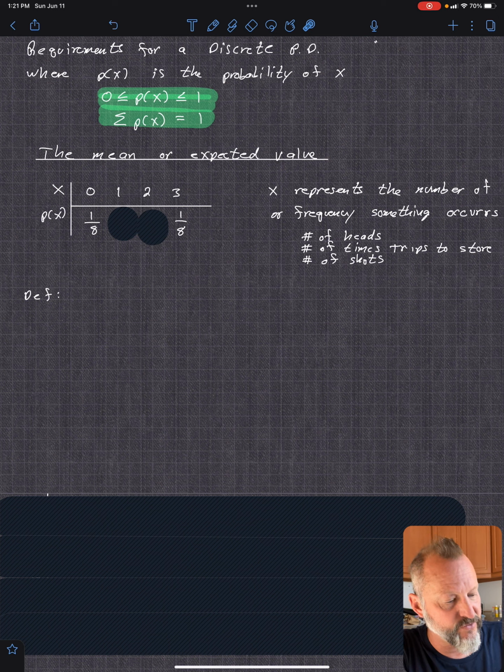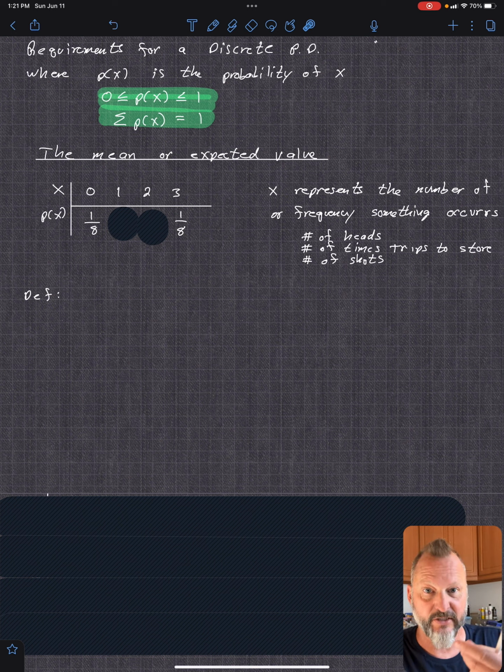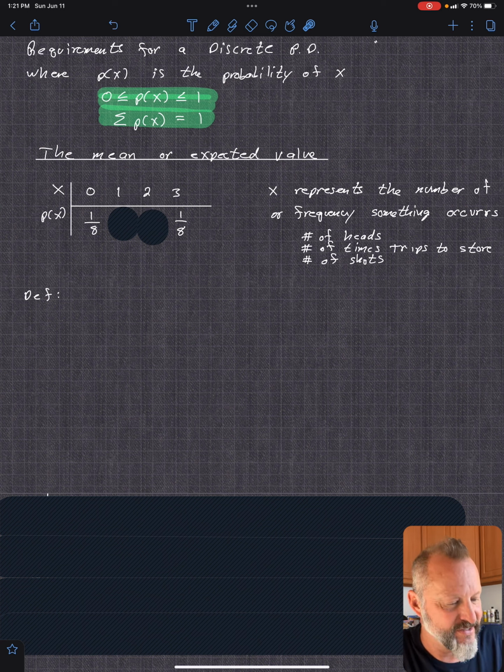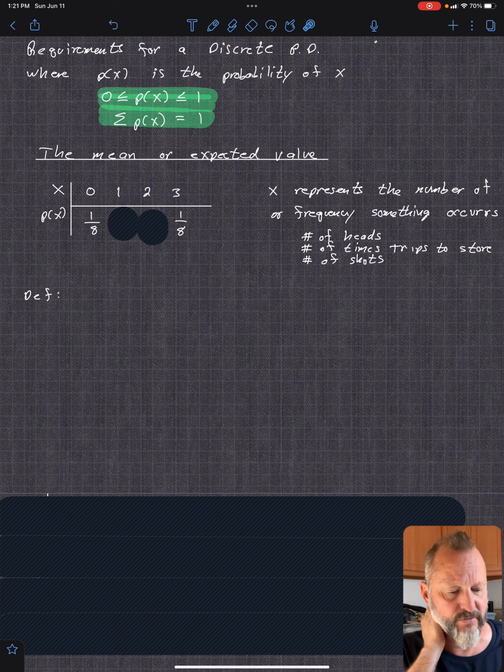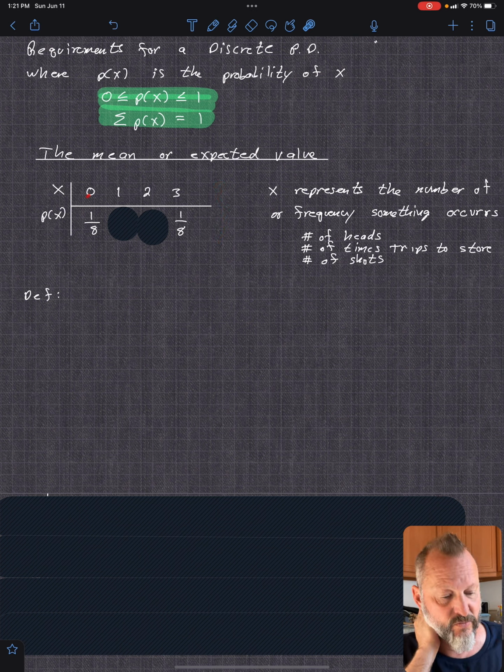Number of trips to a store, we'll do that one. Number of shots, could be free throw shots or basketball shots, or whatever, made up something. So this one is a probability distribution, and there are probabilities of none, 1, 2, or 3.